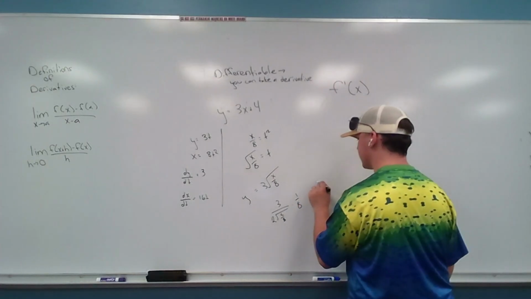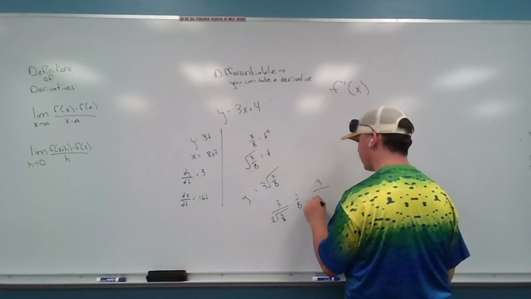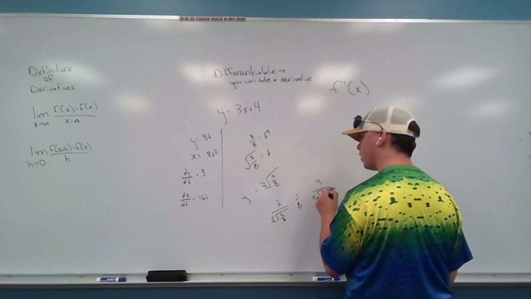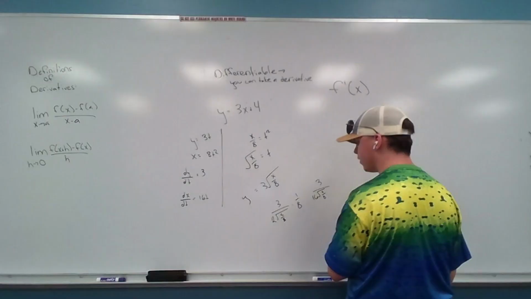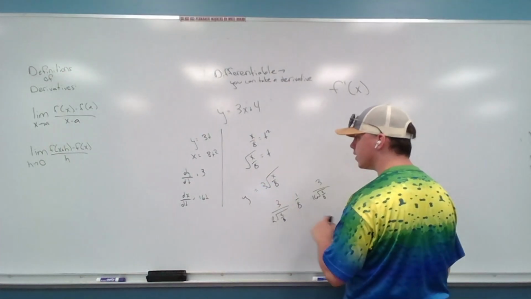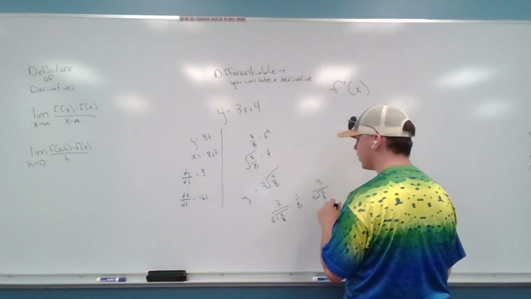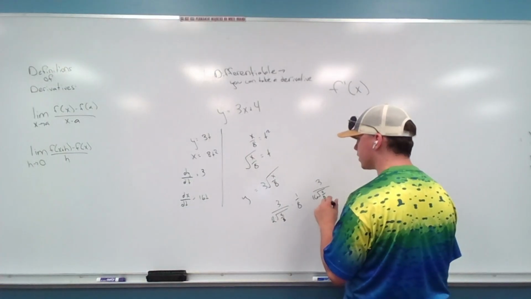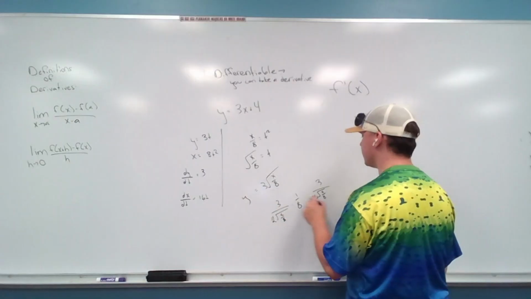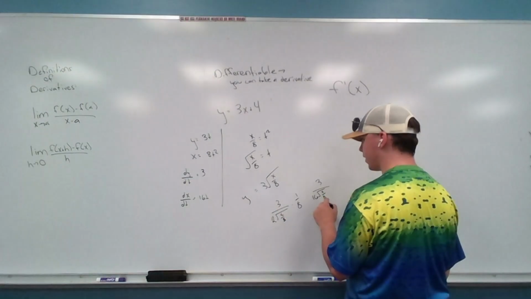Okay, so that's going to be 3 over 16 root x. Hold on, I think I messed up somewhere. 3 over 16. Okay, so I'm missing a gap here. Honestly, it kind of shows where I'm missing something.